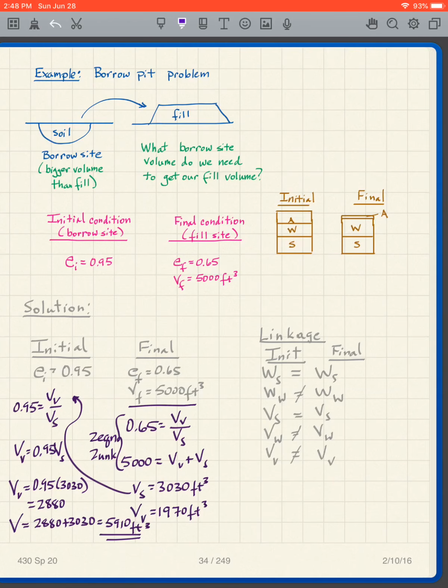On the other hand, notice that the water is different. Why? Because frequently we add water when we compact the soil. So in other words, as we're going like this, we add water.